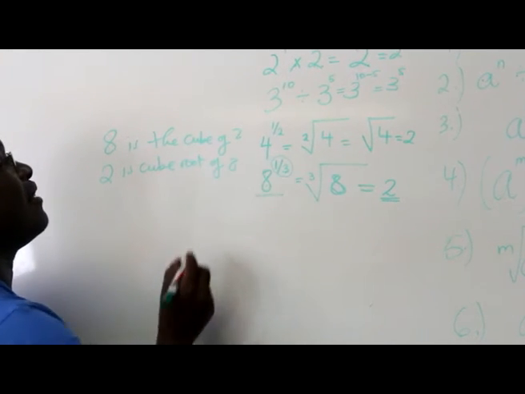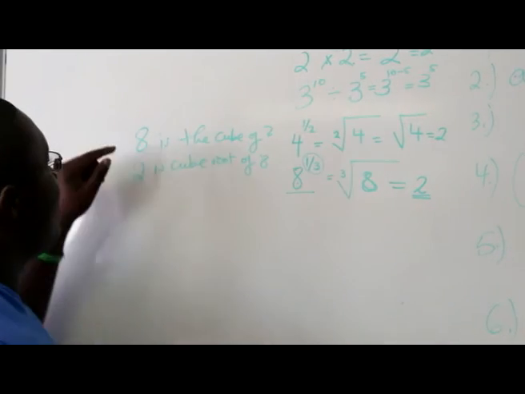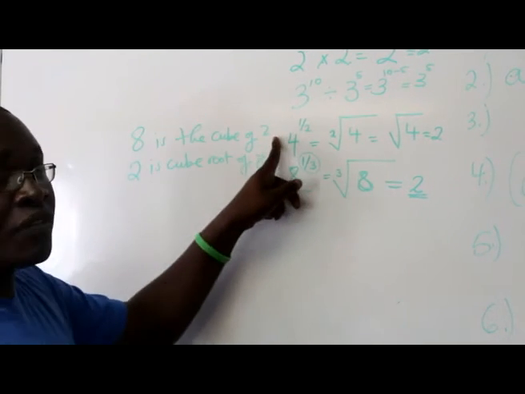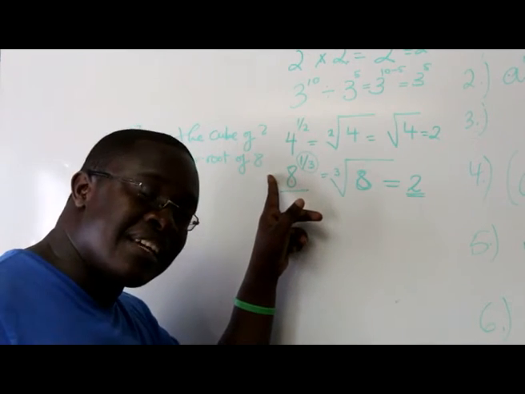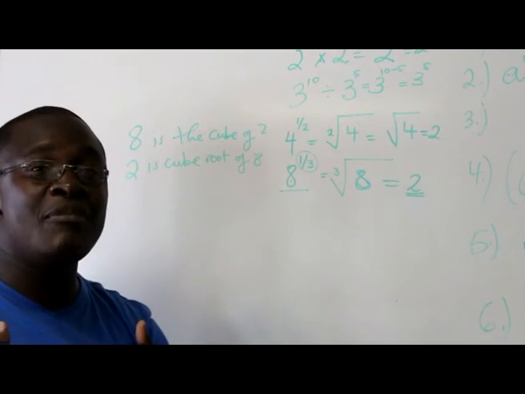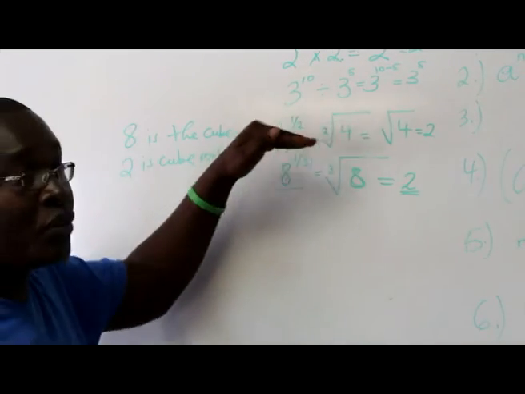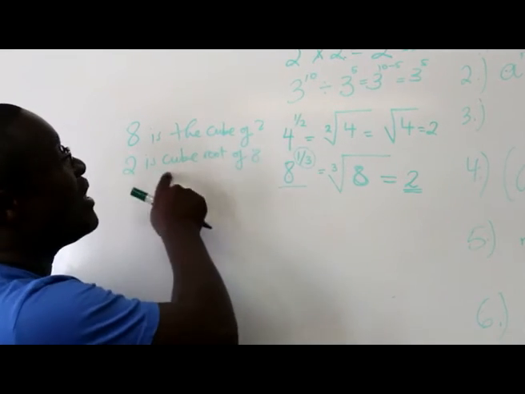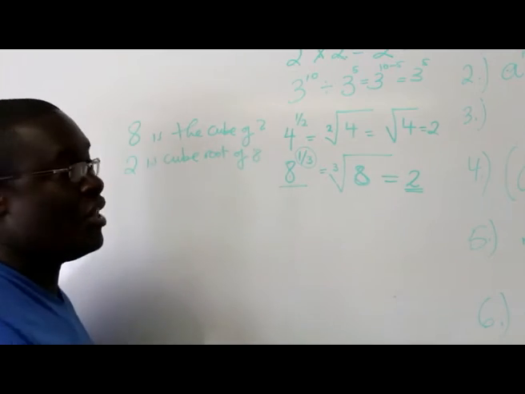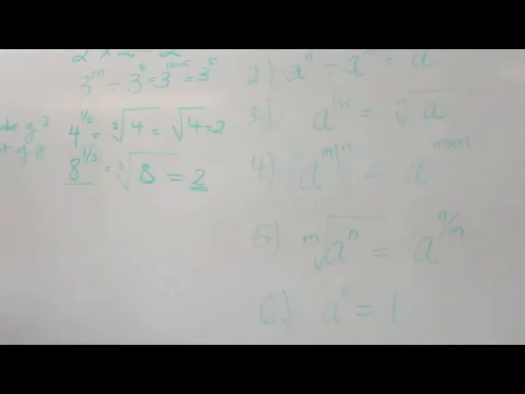That is how they are related. 8 is the father of 2, and 2 is the son of 8. It's the same relationship, but if you look at it this way, 8 is the cube of 2, and if you look at it in the reverse direction, 2 is the cube root of 8. So that's how you apply law number 3, right?